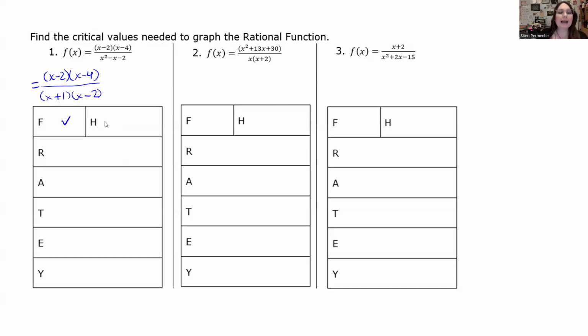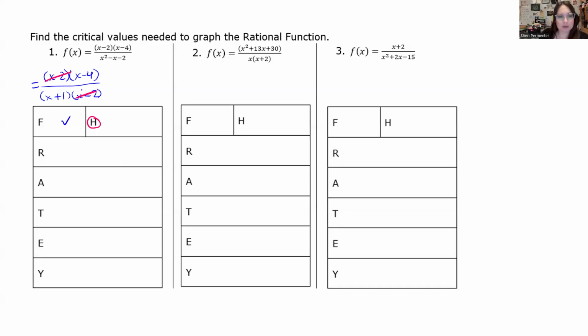For holes, do I have any factors in the top that repeat in the bottom? Anytime that this happens, you have a hole. So I can mark these off, and I'm going to denote that I have a hole. I'm circling hole because I need to write some stuff in there. We always do the opposite of the things that are in parentheses, so the hole is going to be at x is equal to positive 2.